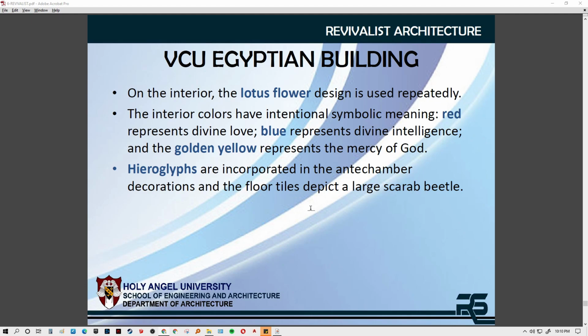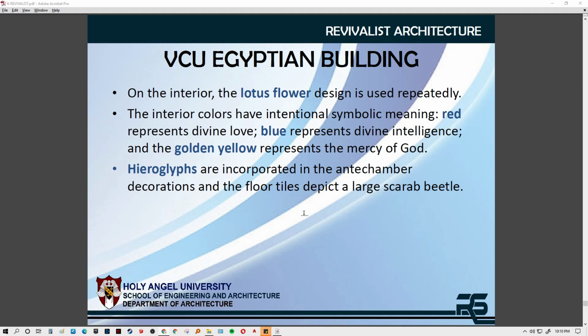Since this is a medical campus, they purposely use those motifs. Hieroglyphs are also incorporated in the design of the antechamber decorations and some floor tiles with a large scarab beetle.